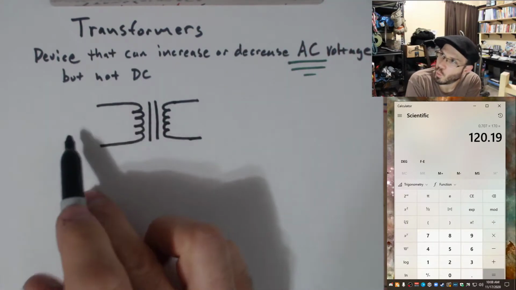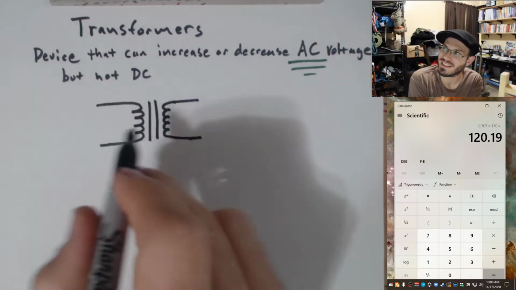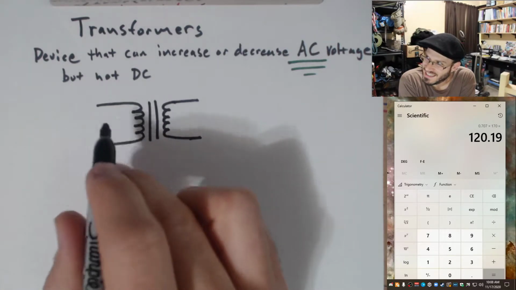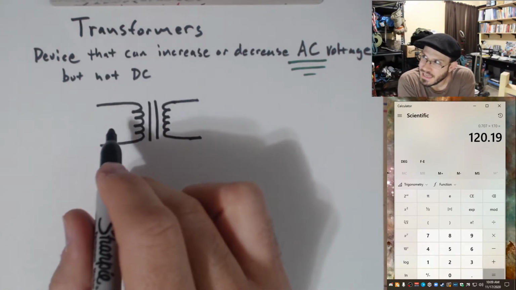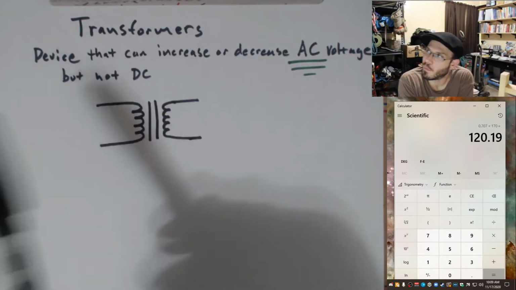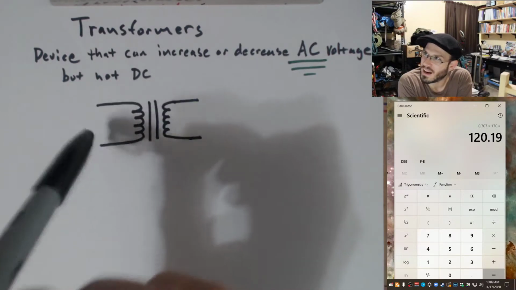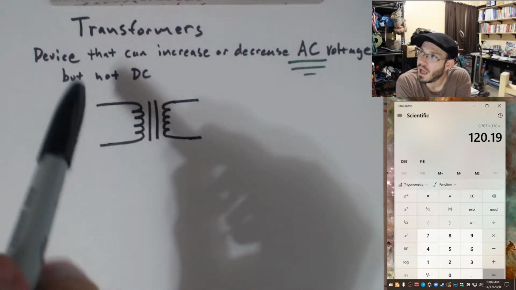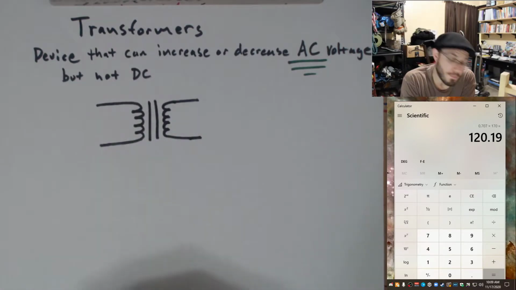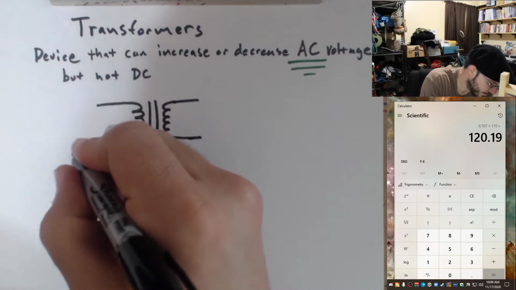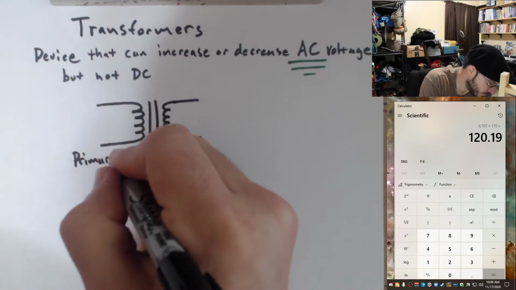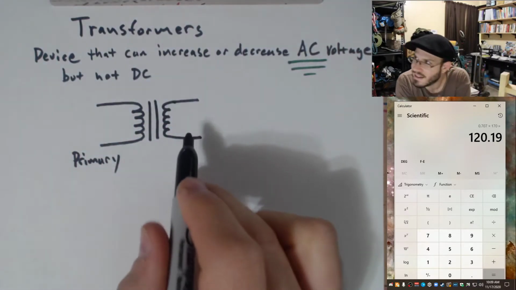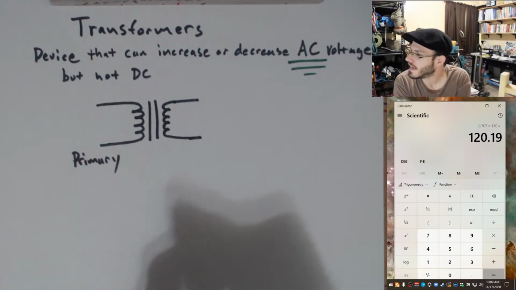We have two terminals on one side, we have two terminals on the other side. This side we're going to consider to be the input, and I'm going to always draw this from left to right, where this is our input, this is our output. This is referred to as the primary. And the secondary is referred to as the secondary.